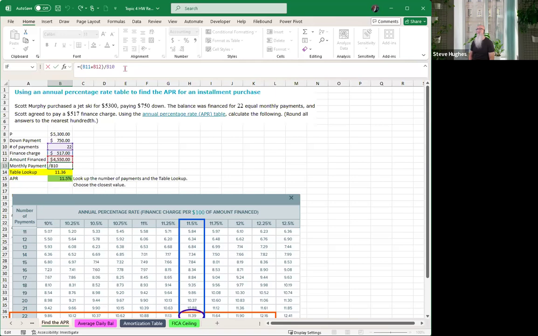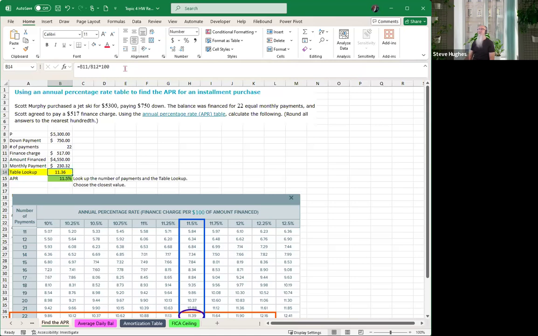You take the finance charge plus the amount financed, divide that by 22 in this case, and you have your monthly payment. In this case, it is $230.32. Again, notice I have to calculate the amount financed, and I have to calculate the monthly payment.